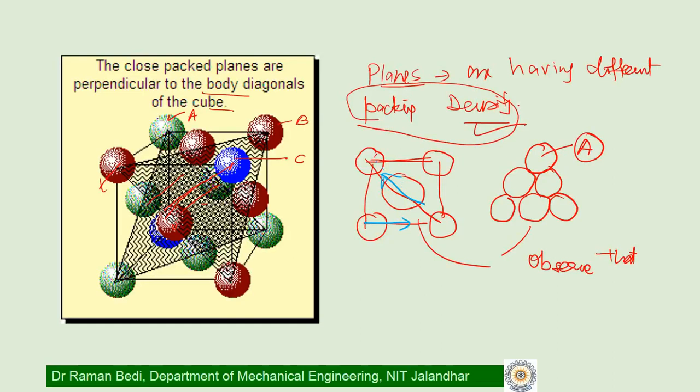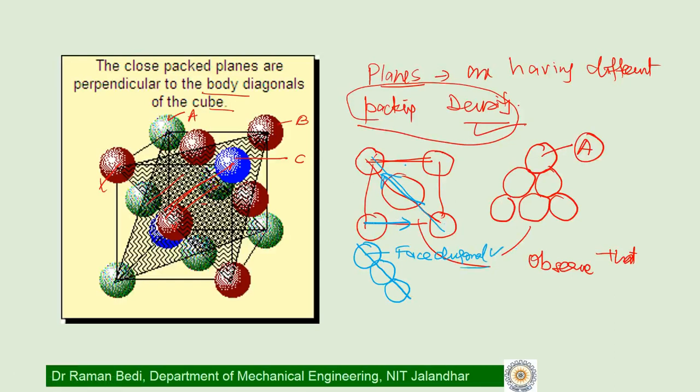That means this happens to be a close pack direction, because we have seen that in this particular case of an FCC or CCP system, the atoms along the face diagonal are touching each other. And here the corner atoms are not touching each other.